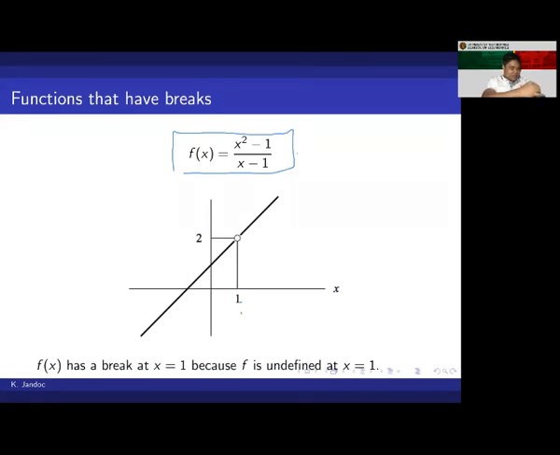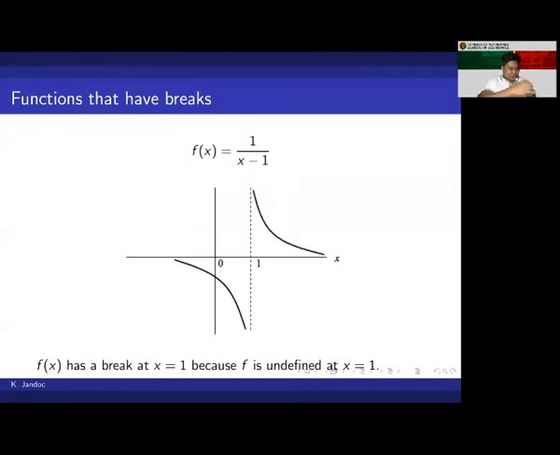In the second case, this function f of x also has a break at x equals 1 and is undefined there, because this function increases without bound on one side and decreases without bound on the other. So those two functions have breaks at x equals 1.